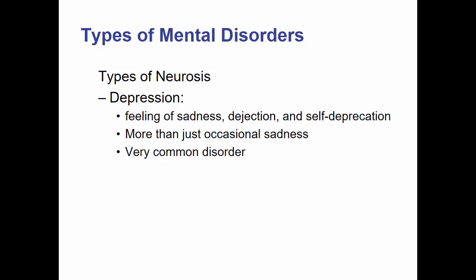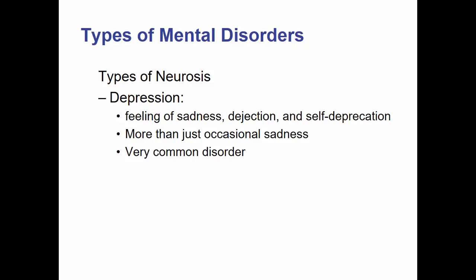Depression is another neurosis. This is a feeling of sadness, dejection, and self-depreciation. This is more than just occasional sadness. Everyone has a bad day, right? Everyone might have a bad week or a bad series of events. But depression is more chronic and more long-lasting.